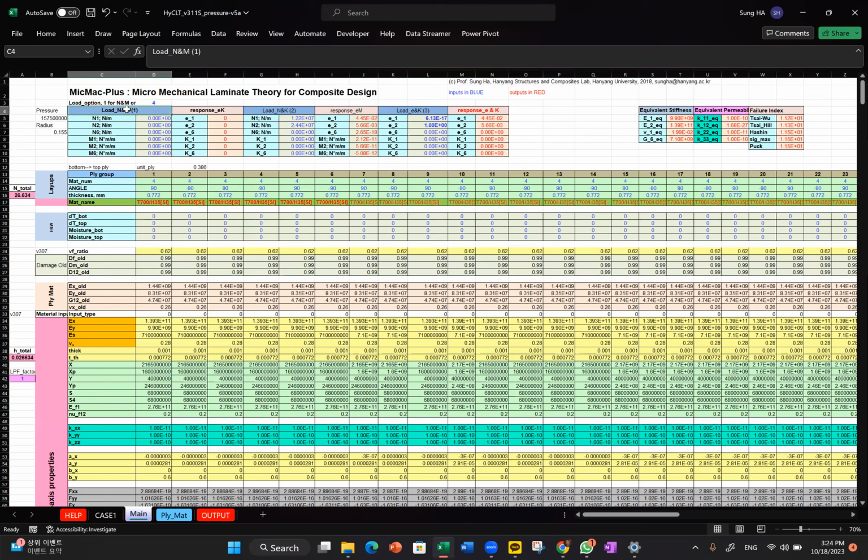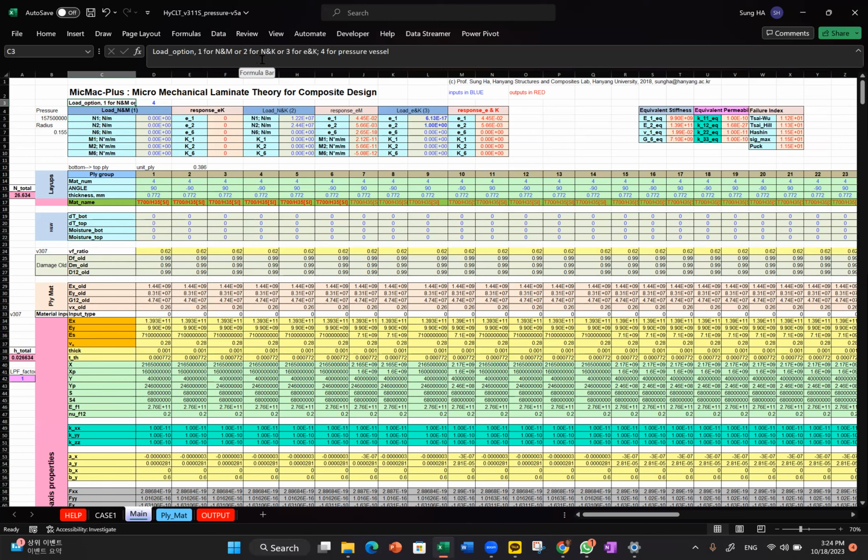This is option one, and if option two, then we're going to have N and K. N means the in-plane load.